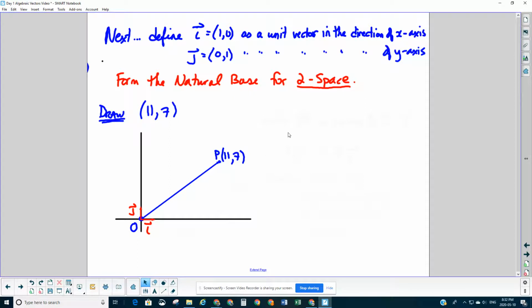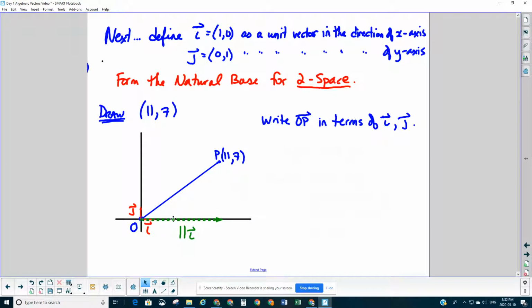All right, so could we describe this same vector 11, 7 that we got from the other question, could we define it in terms of i and j? Well, sure we can. Think of our geometric vectors. If I wanted to describe this, I could say it's a whole bunch of i vectors plus a whole bunch of j vectors. So the question is, how many i vectors would there be?